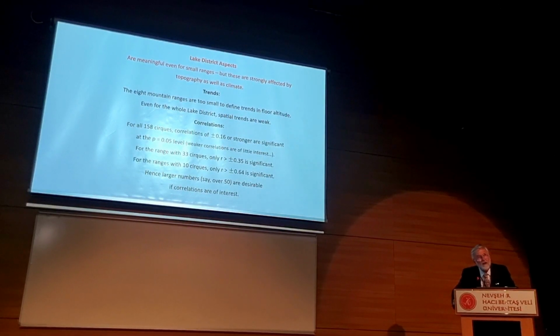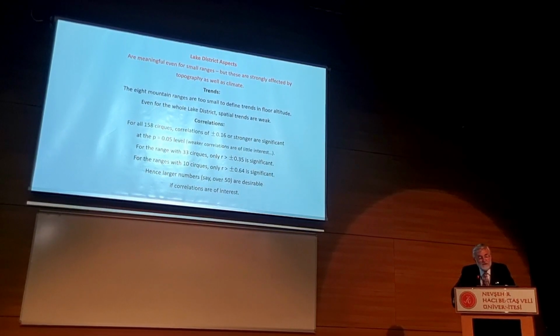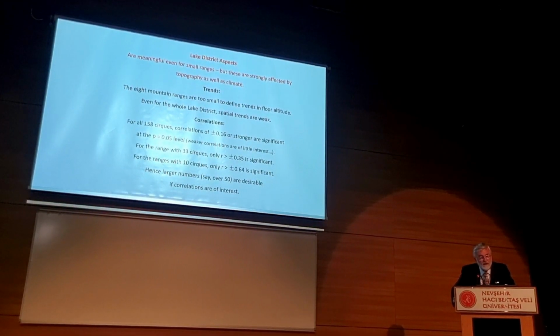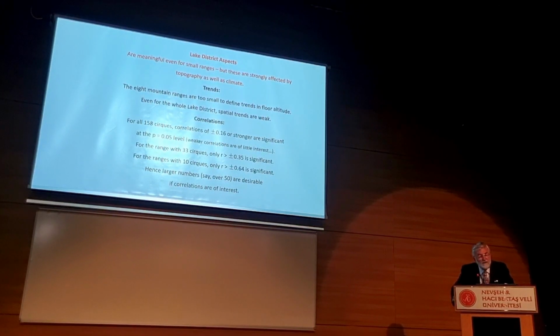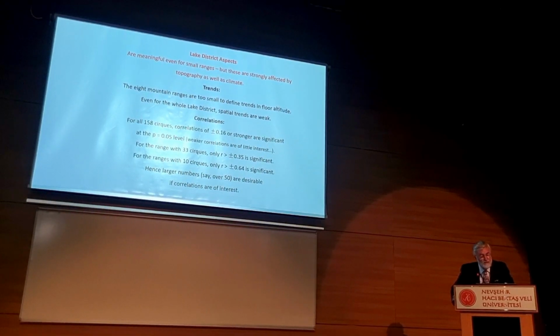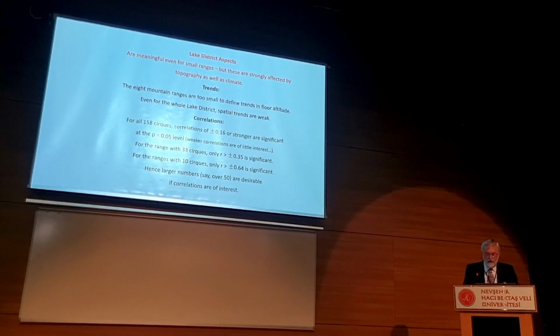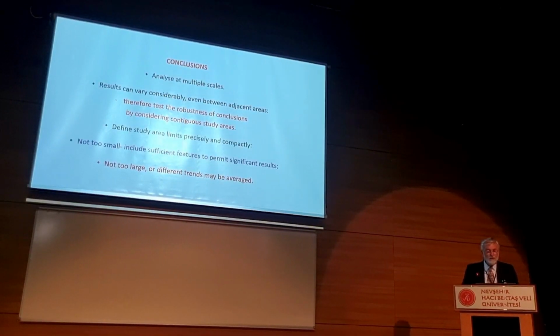If you have a subdivision with 33 cirques, correlations need to be over 0.35 before they are significant. And for ranges with only, I think one range with only 10 cirques, you have to have over 0.64. So you're not going to get many reliable correlations from such a small division.